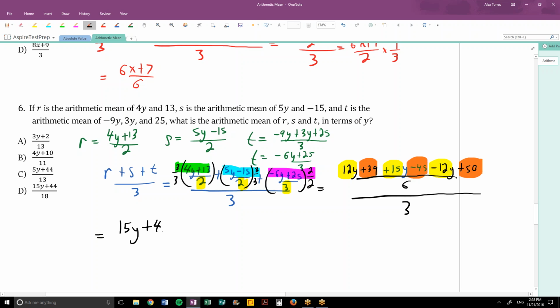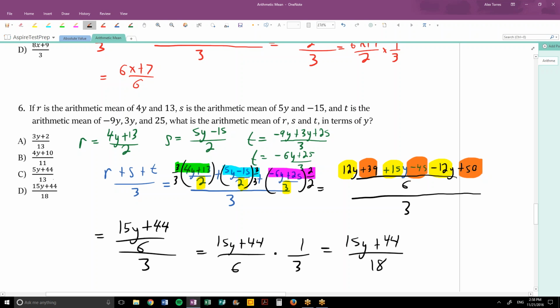Plus 44 all over 6 all over 3. So this is (15y plus 44) all over 6 times 1 over 3. So you get (15y plus 44) all over 18, which is choice D.